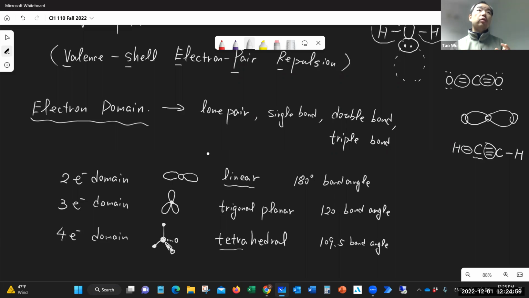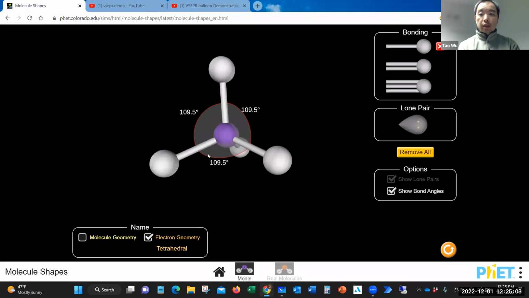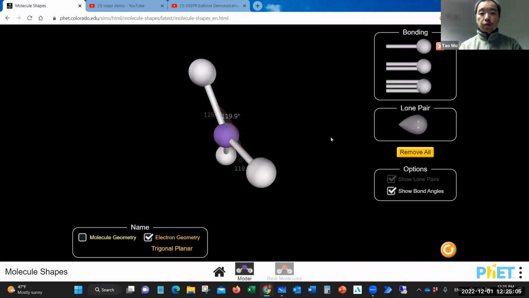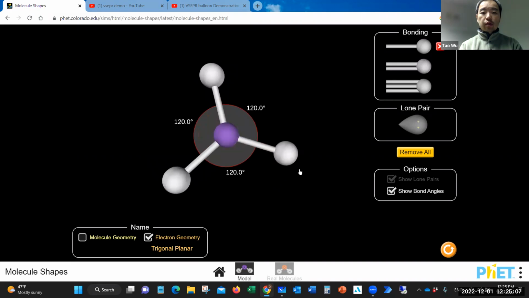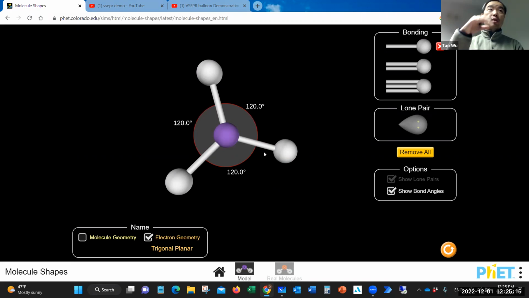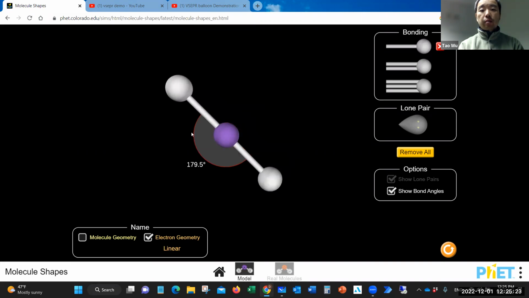Those are the bond angles. In trigonal planar, the bond angle is identical for each of the bonds: 360 divided by 3 gives 120. For the flat linear one, the bond angle is just 180, because it's a linear shape.